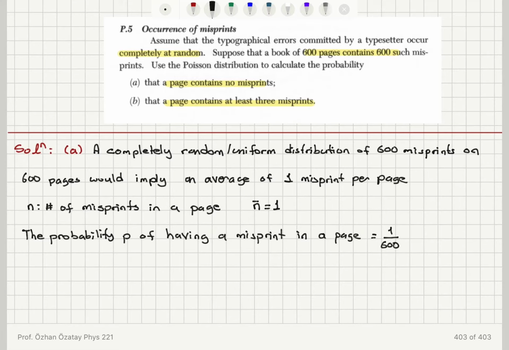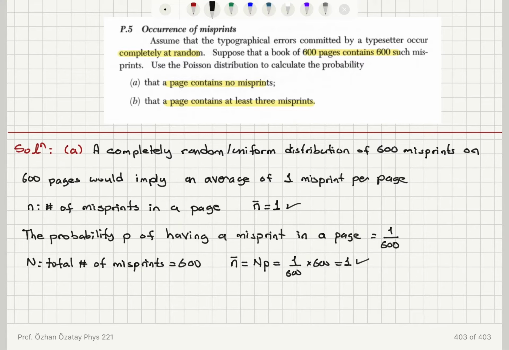And so capital N, the total number of misprints, is 600. So n bar is equal to capital N times P, which is 1 over 600 times 600, which is 1, as I assumed would be the case.